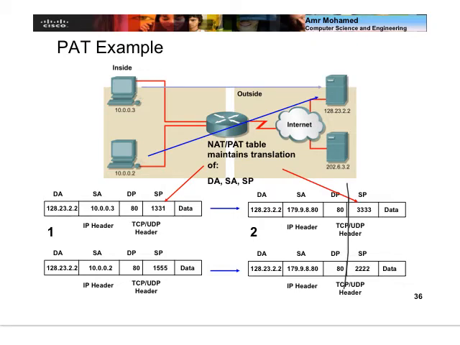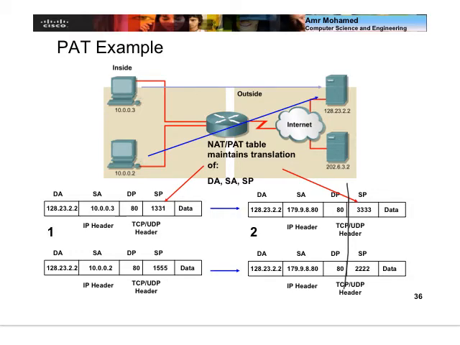And guess what? Now the port will have to represent two pieces of information. Which application on which host requested this? So the port number will temporarily play two roles in that case, right?